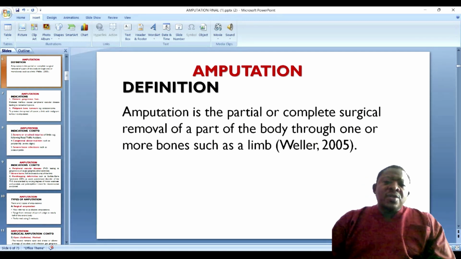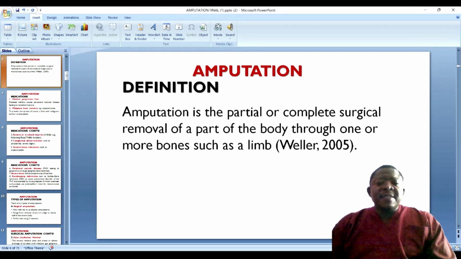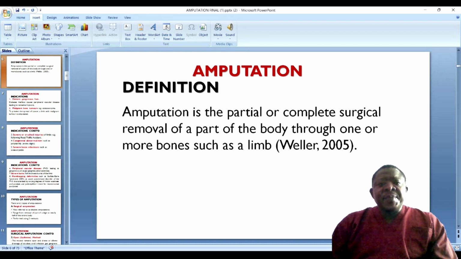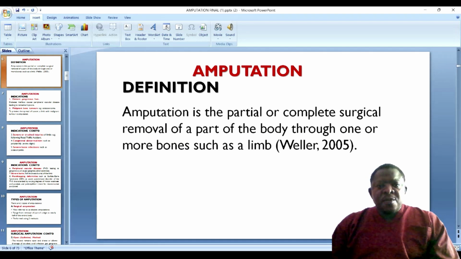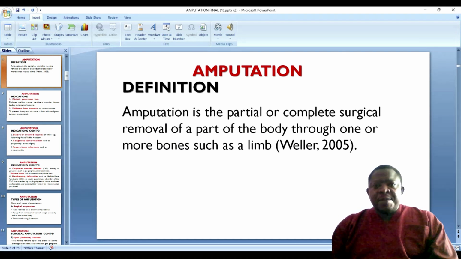So we are going to go by Whaler's 2005 definition of amputation. Amputation is the partial or complete surgical removal of a part of the body through one or more bones, such as a limb.